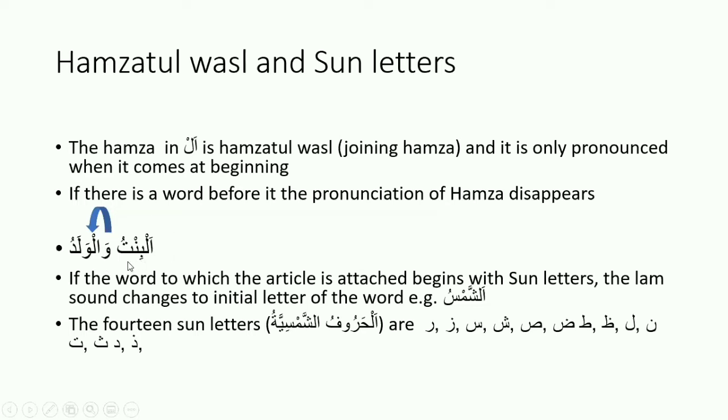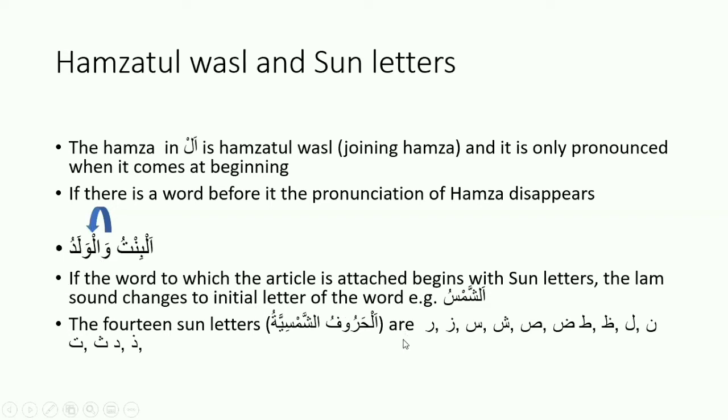Because it comes at the start, the hamza is pronounced, so it's al-bintu. Now then we have al-waladu. Al-waladu comes after a waw, therefore its hamza is not pronounced. So the haraka on the waw joins directly onto the lam, so it becomes wal-waladu, instead of wa al-waladu.